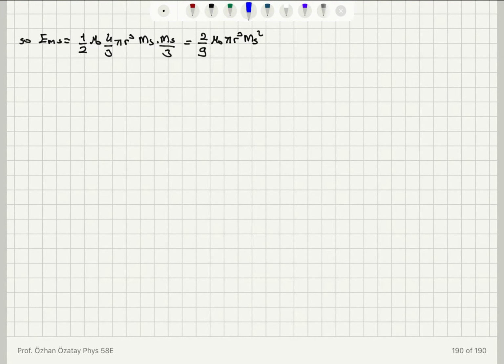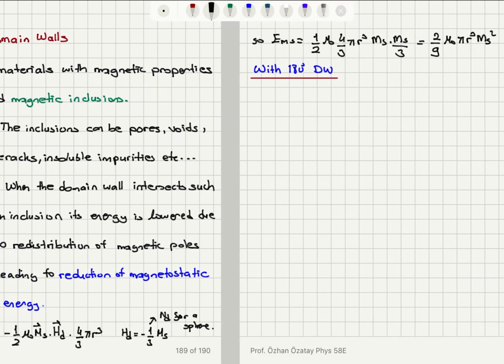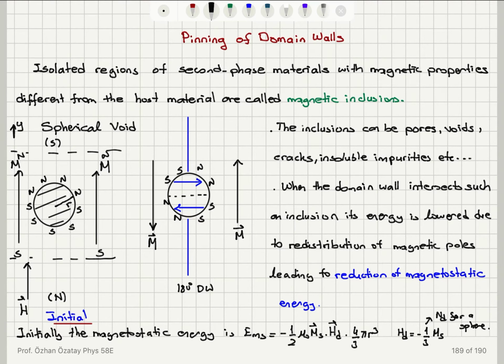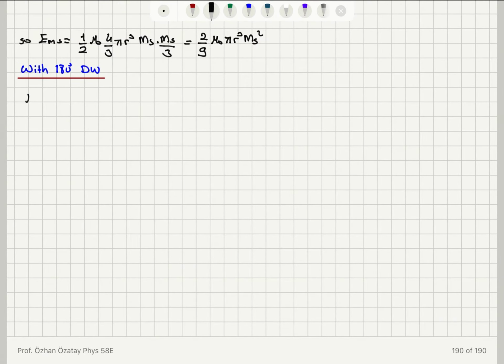Now I want to consider the 180-degree domain wall. So with a 180-degree domain wall, you can see that I have formed a closure structure here. The magnetostatic energy on each side will be minus 1 over 2 mu 0 M_s dot H_d multiplied with 2/3 pi r cubed. So this will be 1 over 9 mu 0 pi r cubed M_s squared on each side.